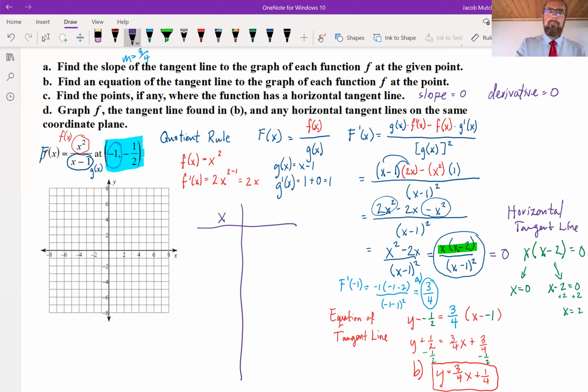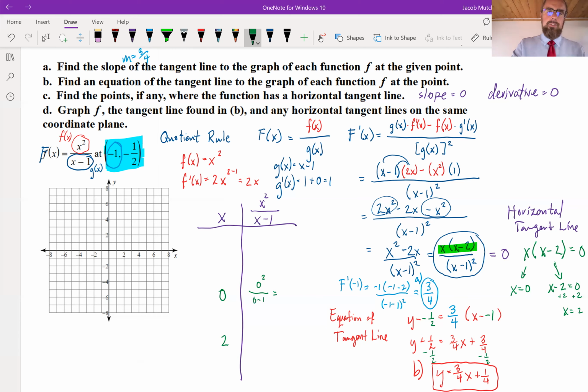So I'm going to set up the table. Here's the function x squared over x minus 1. And I just need to plug in those x values at 0 and at 2. So again, I'm going to leave some space to give myself room to incorporate more values. I'll start with these two. So I'm just plugging into the function here, 0 squared over 0 minus 1.